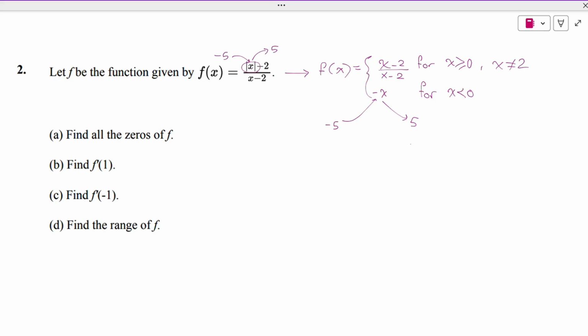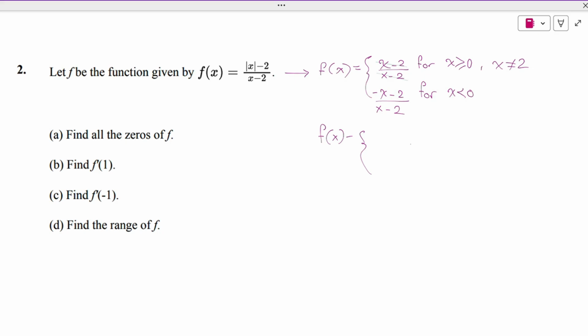Okay? And then what do we do? We will write the rest of the function. Don't forget it. The rest of the function is minus 2 over x minus 2. So we removed the absolute value sign, okay, and we converted this function into a piecewise function. And we can simplify further actually. So f of x equals, now we can cross out x minus 2 with x minus 2.